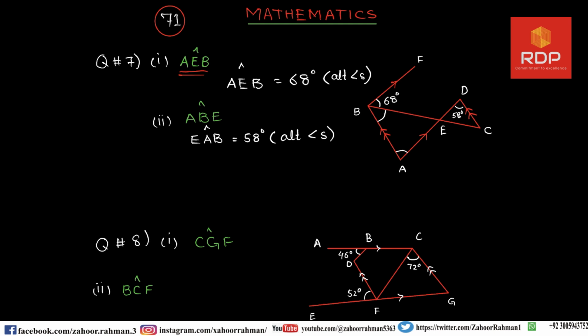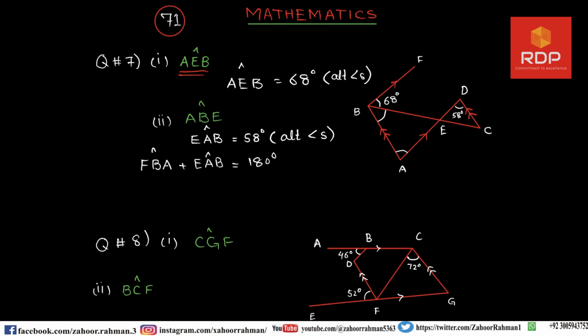Now moving further, we can say that FBA angle plus EAB angle is equal to 180 degrees.